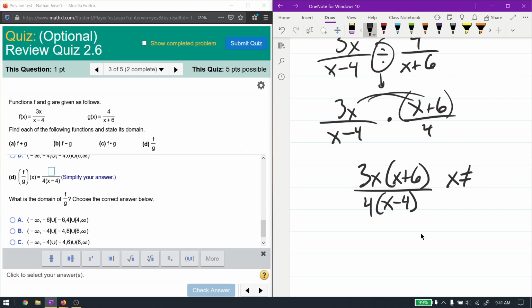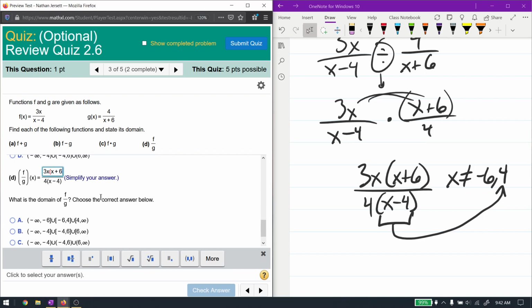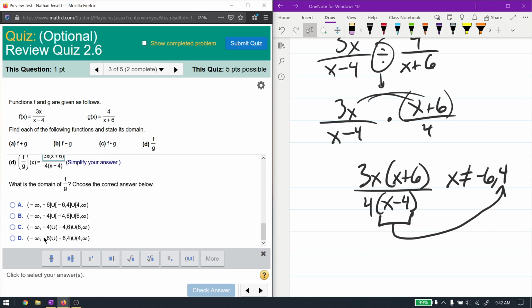However, we still had the fact that x cannot equal negative 6 and 4. And nothing has changed in the denominator. The only thing that gives us 0 here is positive 4, but we already are excluding that, so we don't have to worry about that one. So 3x(x plus 6), and the denominator is once again the same thing, negative 6 and positive 4.